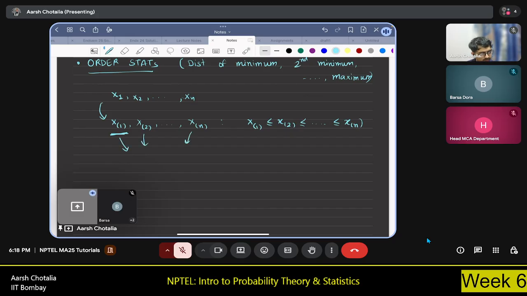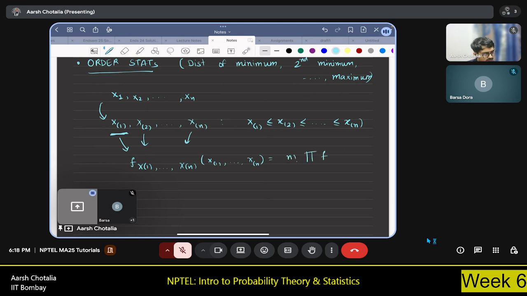And there is this formula which is given, which is that f of x1 up to xn, of some numbers x1, x2 up to xn, is given by n factorial times the product of all these distribution functions, for i from 1 to n, if the xi's are in ascending order, right?